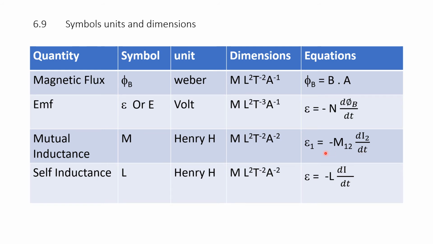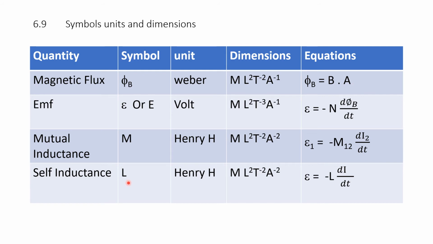Please note here E1 is the EMF induced in coil number 1, and change of current is taking place in coil number 2. That is why we are writing E1 is equal to minus M12 di2 by dt, and the constant mutual inductance is between coil 1 and 2.